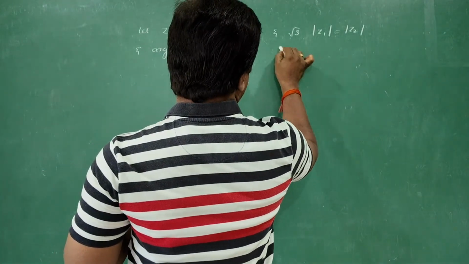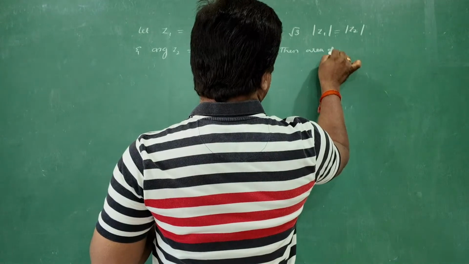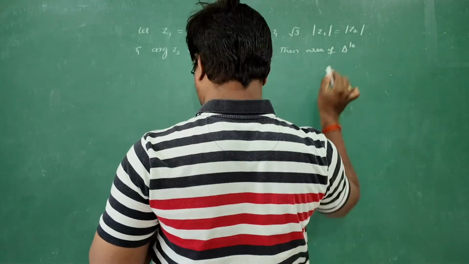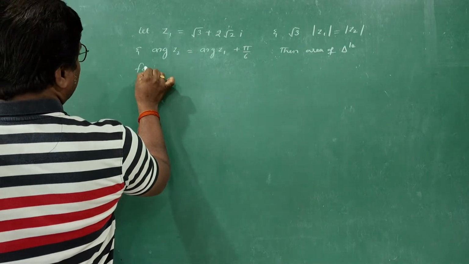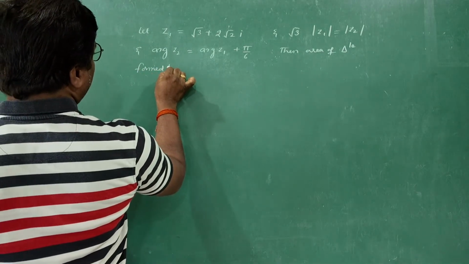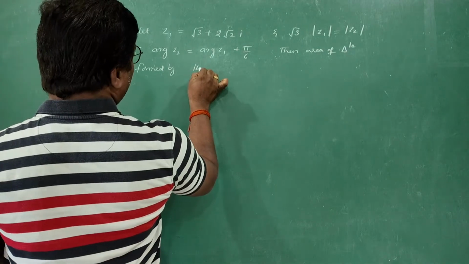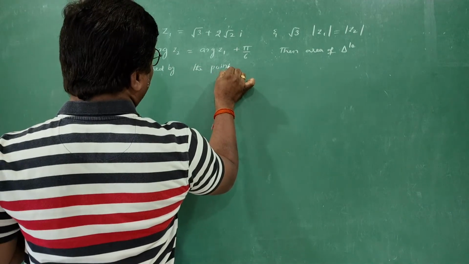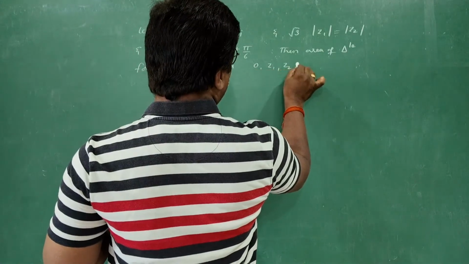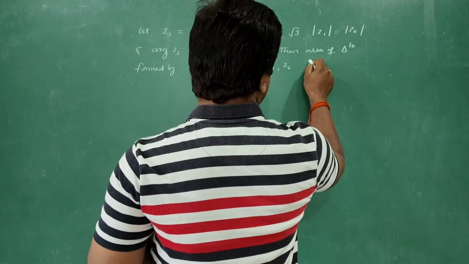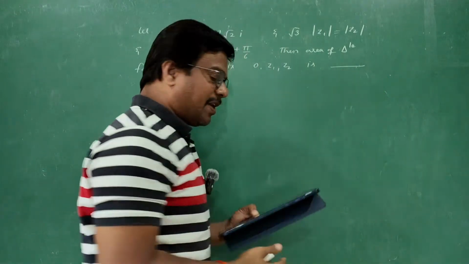Then the area of the triangle with vertices that is formed by the points origin, Z1, Z2 is. This question is given in the question.